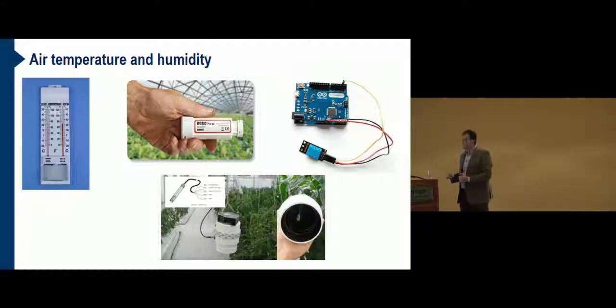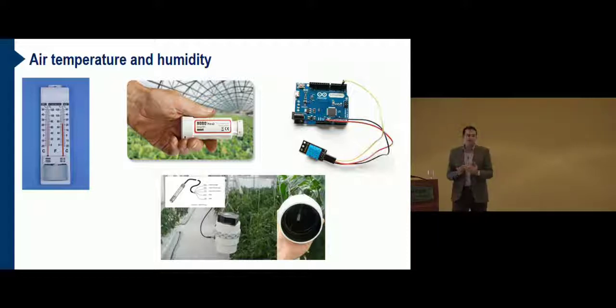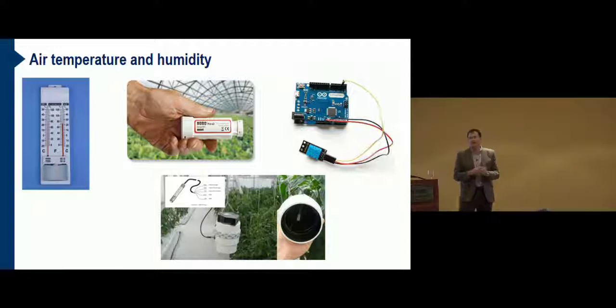With air temperature and humidity measurements, we need to have proper airflow around the sensor so we can minimize the error. For example, if you're measuring the temperature, we don't want to have direct sunlight hitting that sensor and creating errors. Proper airflow also helps to improve the accuracy of the measurement.